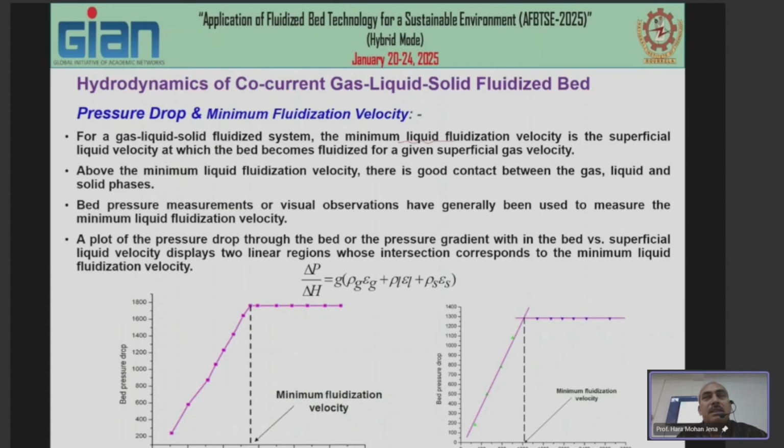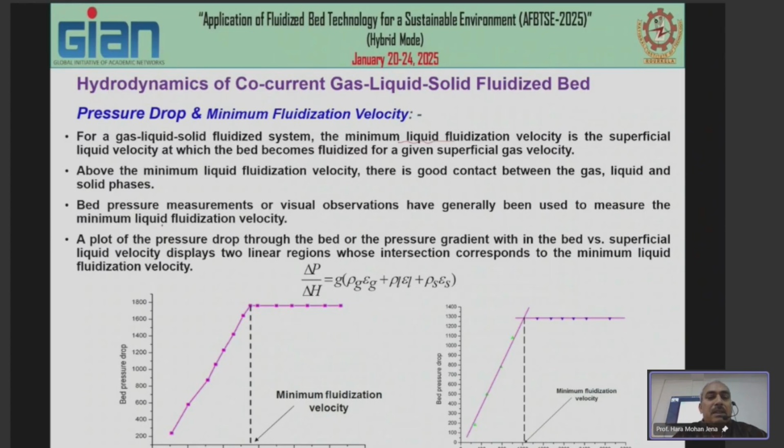Because three phases are there, so gas should be there. So at a certain gas velocity, what is the minimum liquid velocity required to make the bed of solid particles fluidized? That is the minimum liquid fluidization velocity. Above the minimum liquid fluidization velocity, there is good contact between the gas, liquid, and solid phases.